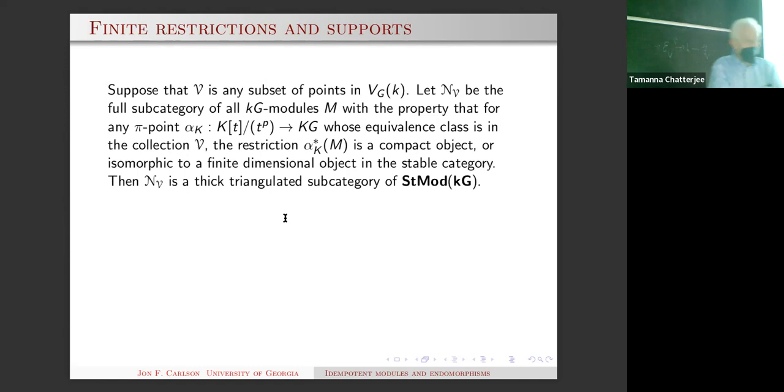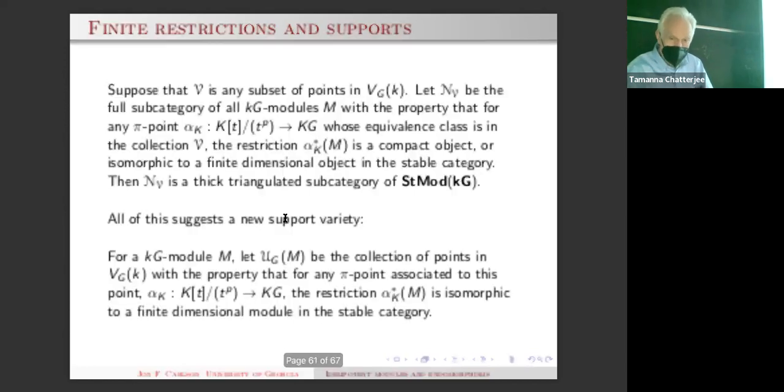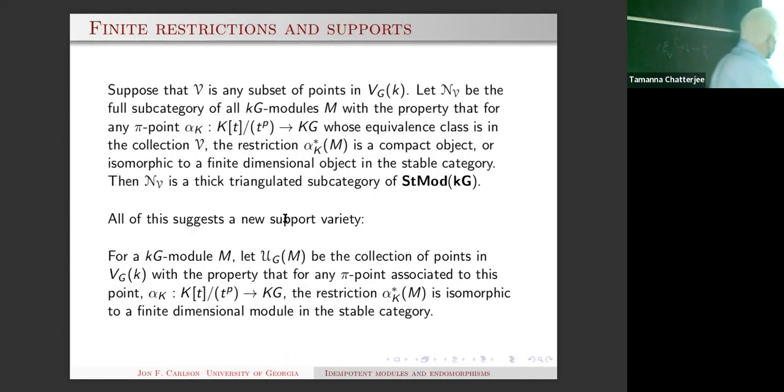This is a nice thick subcategory of KG modules. And that in turn suggests a new support variety for KG modules. Let me take the collection of all points with the property that for any pi point associated to this, the restriction is isomorphic to something finite dimensional.